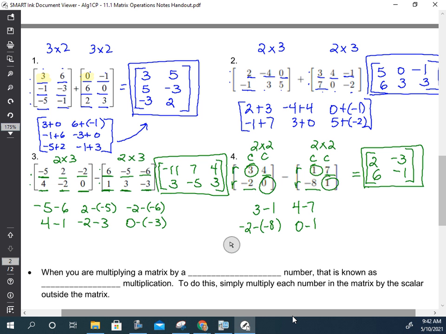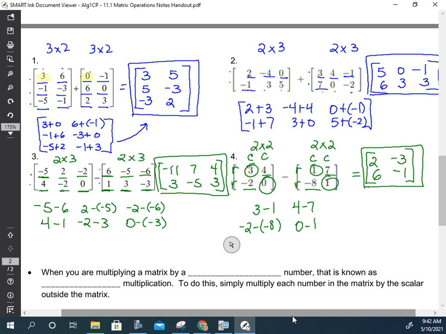Any questions, 3 or 4? All right, not hearing any, not seeing any.